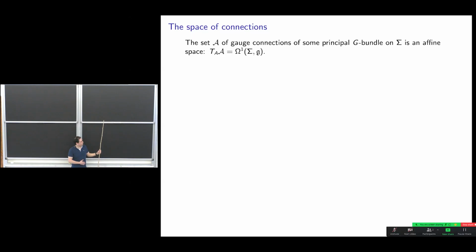So we know that gauge connections on some principal G bundle form an affine space. A gauge connection is not a global one-form, but the difference between 2 gauge connections is a global one-form. So we can consider the tangent space to the space of gauge connections at a specific point as the set of one-forms that take values in the Lie algebra of your gauge group.